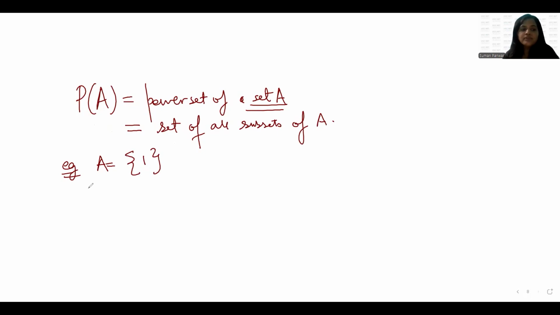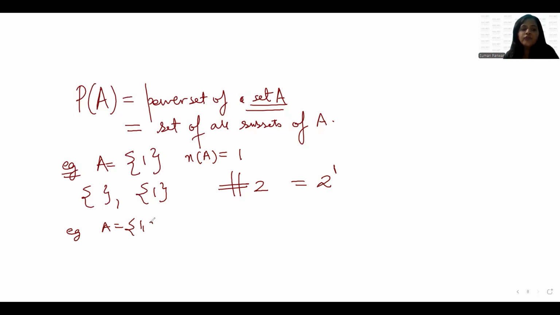So what are the possible subsets? The empty set or the set itself. So what is the number of elements? 2, which is nothing but 2 power 1. And what is the cardinality of A? What is the number of elements in A? 1.